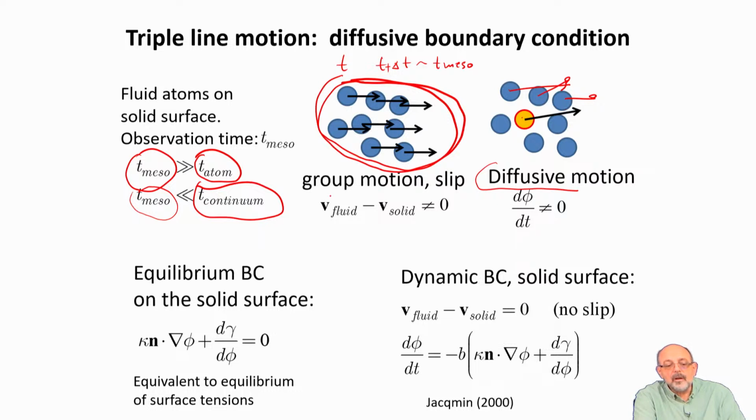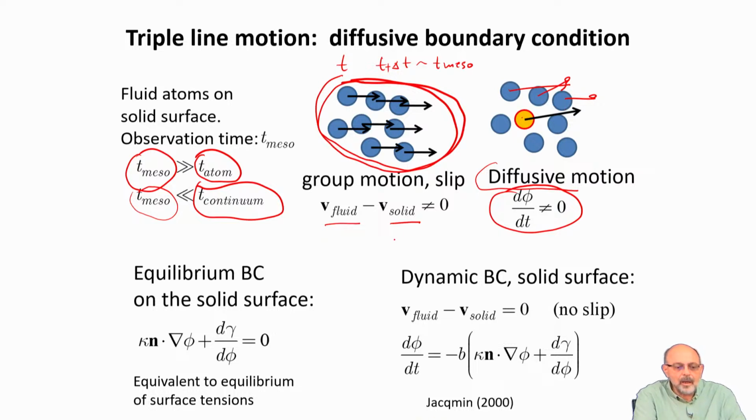So for slip, I will have the difference in the tangential velocity of fluid and solid. For diffusive motion, I will have a rate of change of the phase field on the surface.